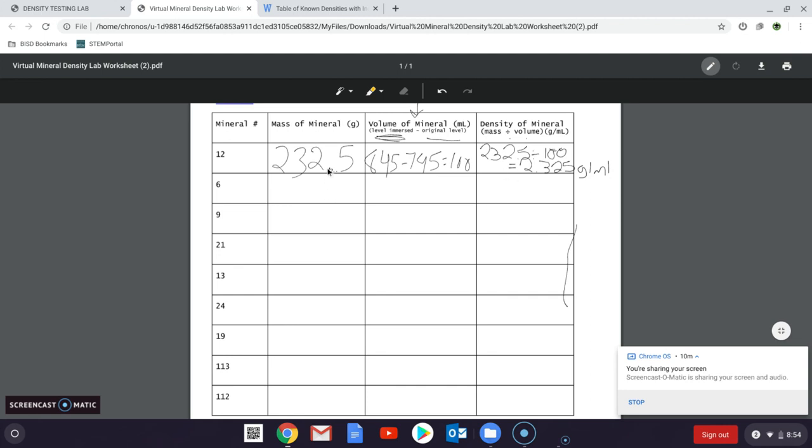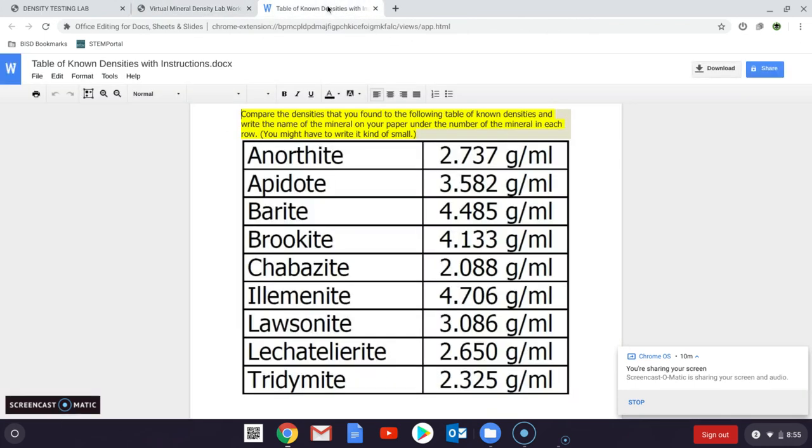Okay, so going back, just to review, step 1, find the volume. Step 2, find the mass. Step 3, find the density. Step 4 is now you can go back to your densities here and look on this chart. Which one of these matches number 12?